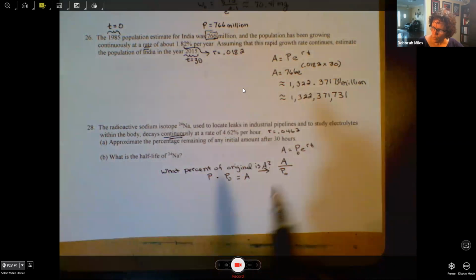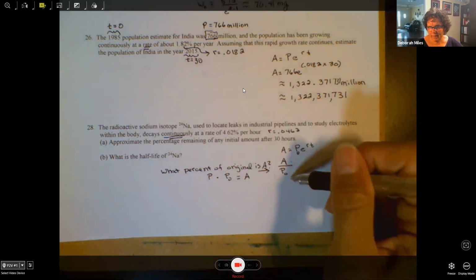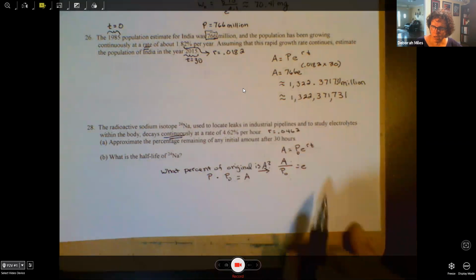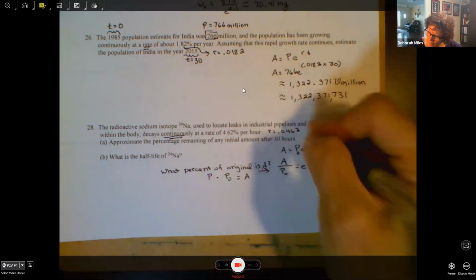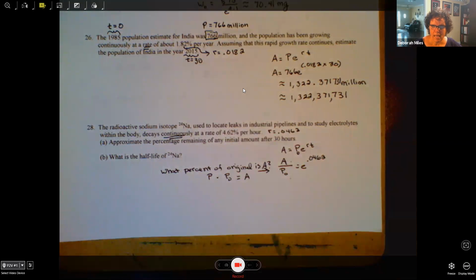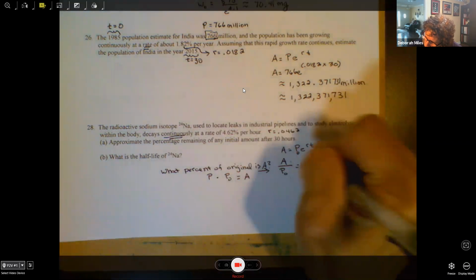That percent will be the new amount divided by the original amount. And that is e to the r times t, where r is 0.0462 and t is 30.